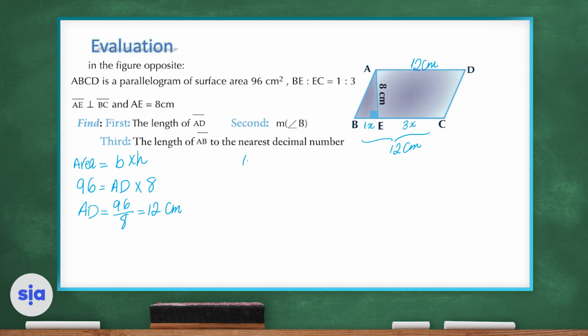So, 1x plus 3x is equal to 12. Then, 4x equals 12. Then, x equals 3. So, BE equals 3, where EC equals 9. So, we can erase this here. The BE, we can write it as 3, and the EC, we can write it as 9.